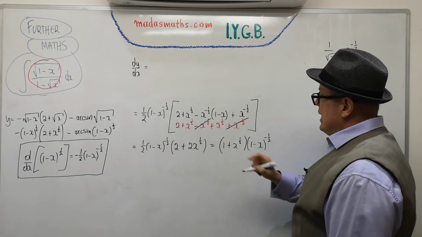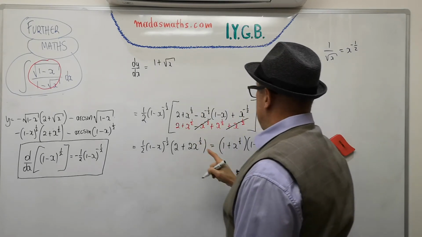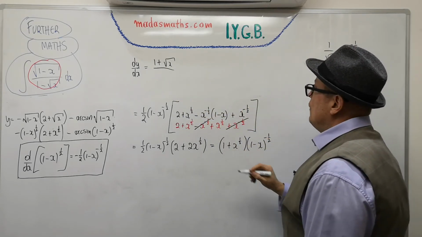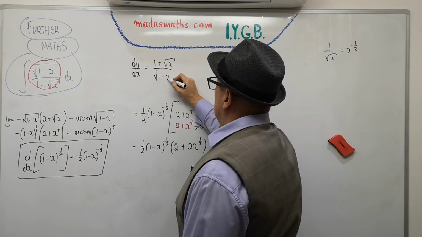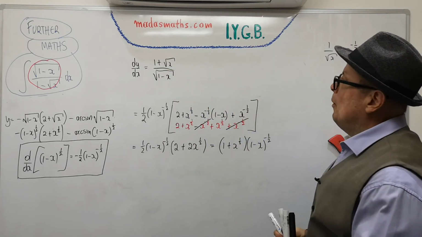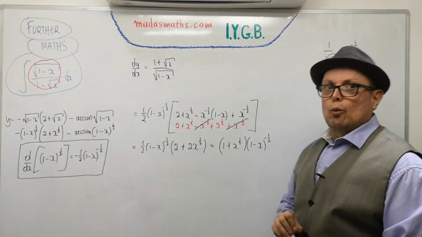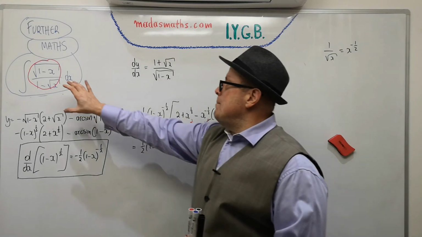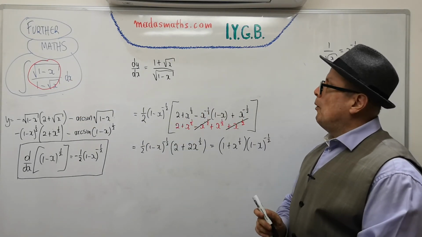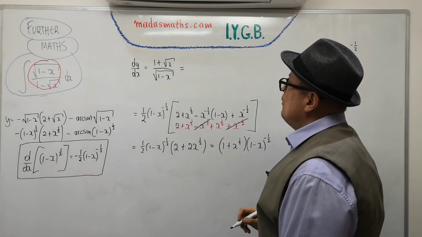This is now 1 plus the square root of x, that's this line here, over a negative square root at the bottom. So at first glance, we might be thinking, well, we probably made a mistake in there, because that looks very similar to what we got in there, but not quite the same. So our first thoughts will be probably a mistake. But of course, we need to do a couple more steps.